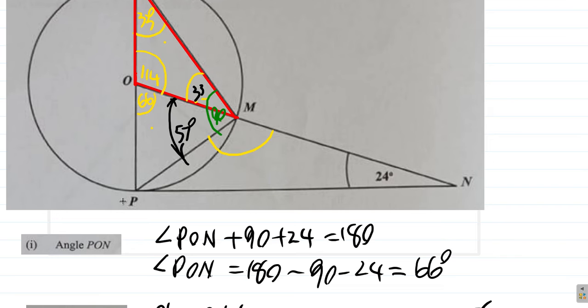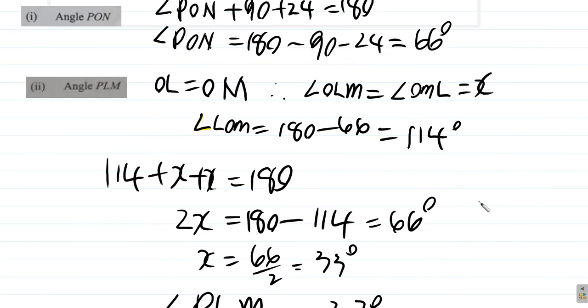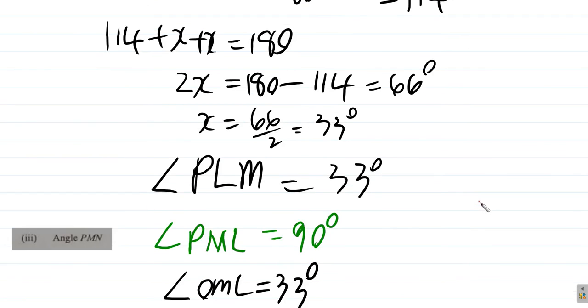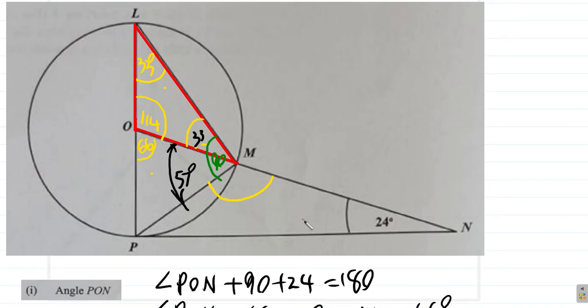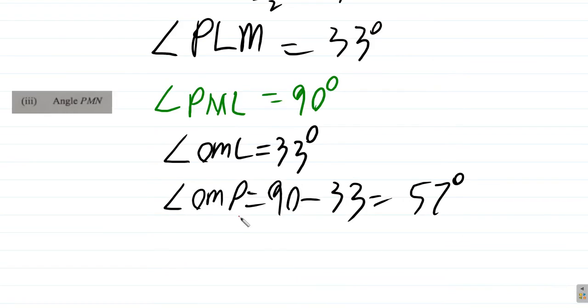Now the thing is, we have this straight line, 180. So you write that OML is a straight line, so angle is 180. So M, what do they call it again? PML, PMN. Angle PMN would be 180 minus 57.